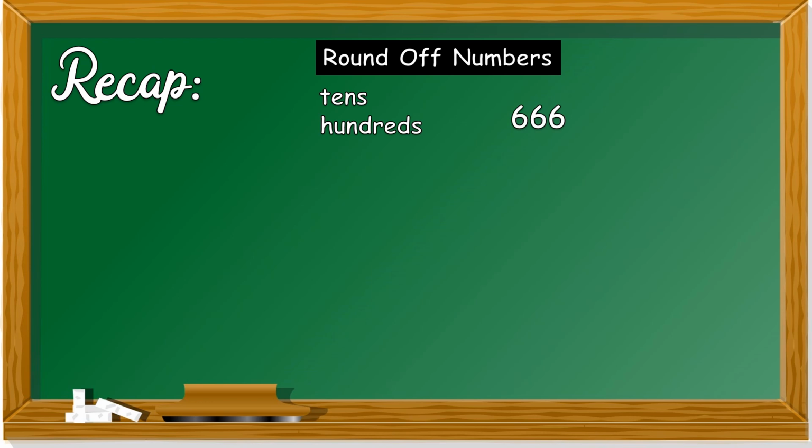If we round it off to hundreds, 100 is here. Then the friend on the right is here. If it's 5 or more, 5, 6, 7, 8, 9, kita tambah 1. Add 1. If it's less, then we don't add. Okay, remember the two numbers have to be 0. So we round it off, it becomes 700.